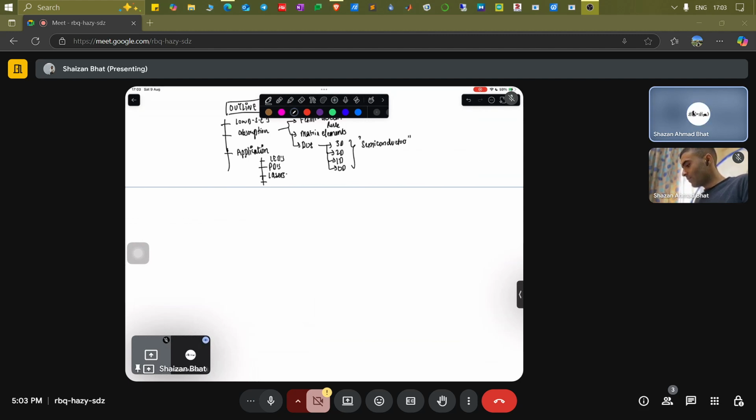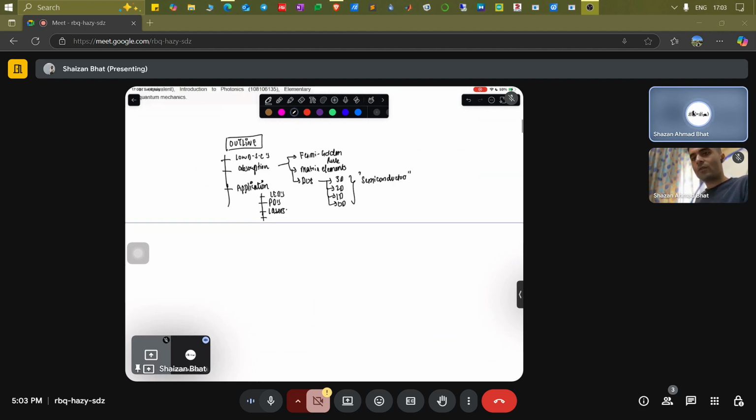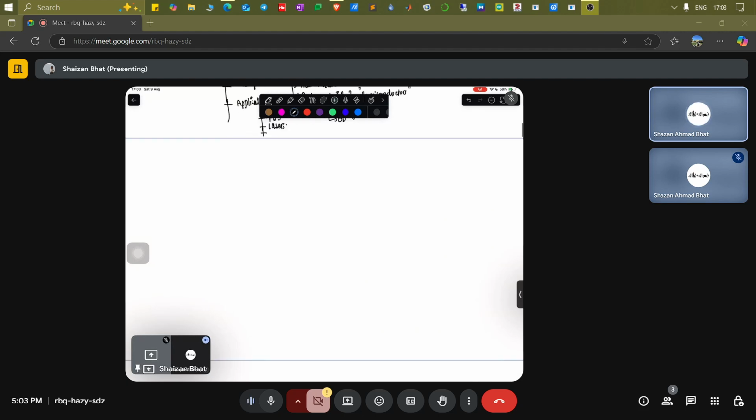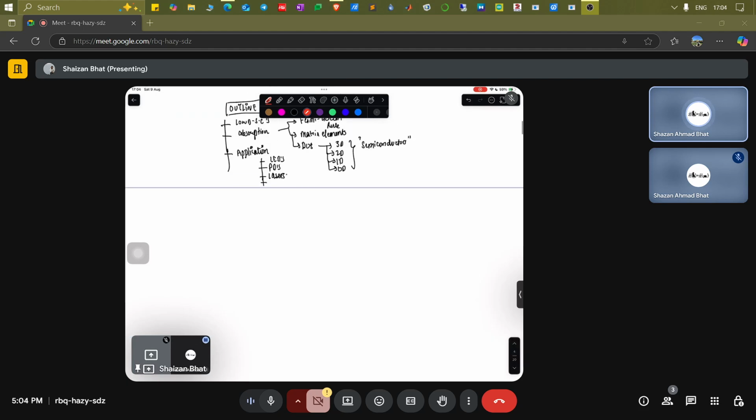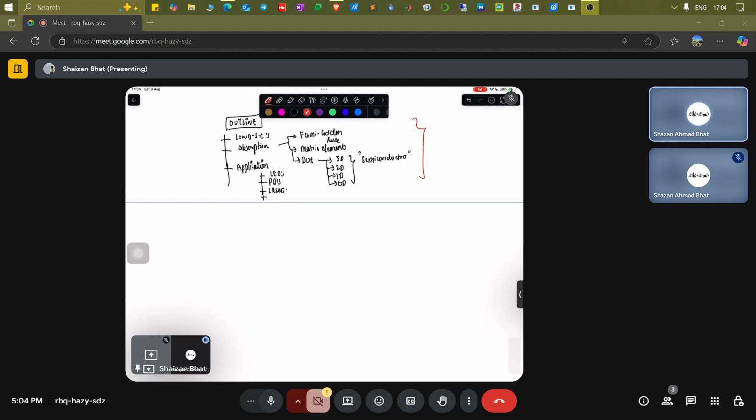Getting started, what are these low dimensional semiconductors? The brief outline is that I'll try to cover roughly what the professor has covered in week three.